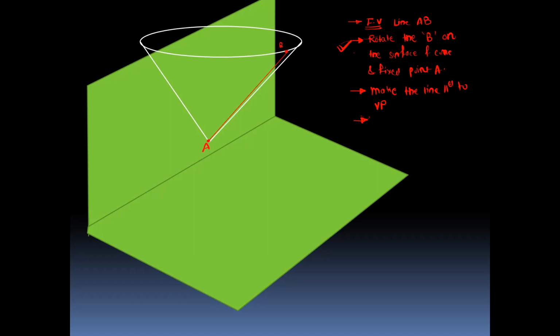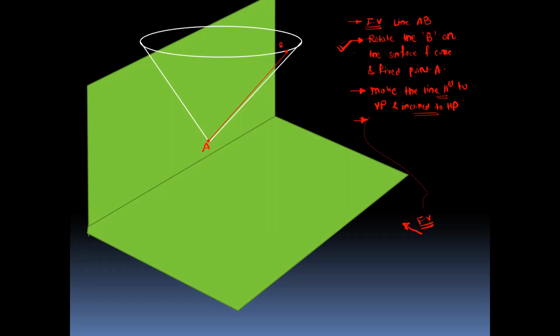As the true inclination, or the true length of the line, is not visible in the front view, we are making the line parallel to the vertical plane, and at the same time it will remain inclined to the horizontal plane. That means if you make the line parallel to the VP with the true inclination, then we can observe the true length of the line in the front view, and we can observe the true inclination with the HP.